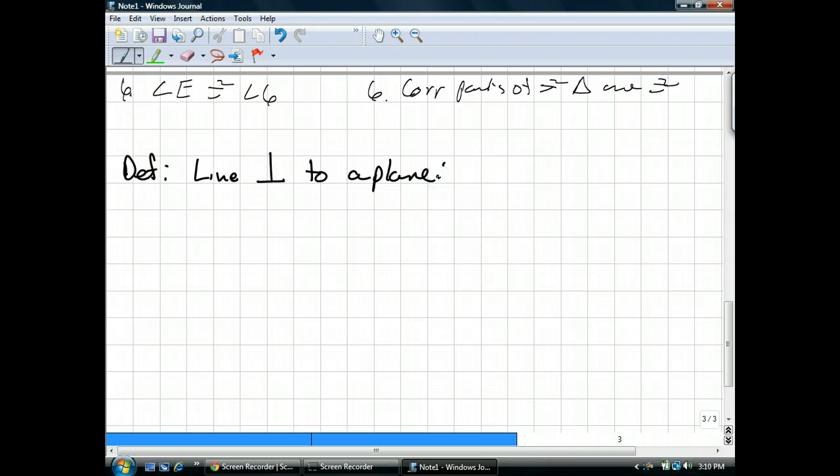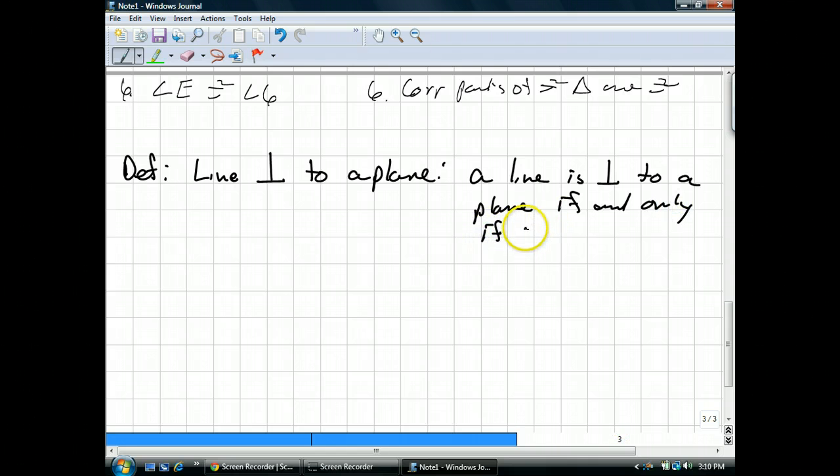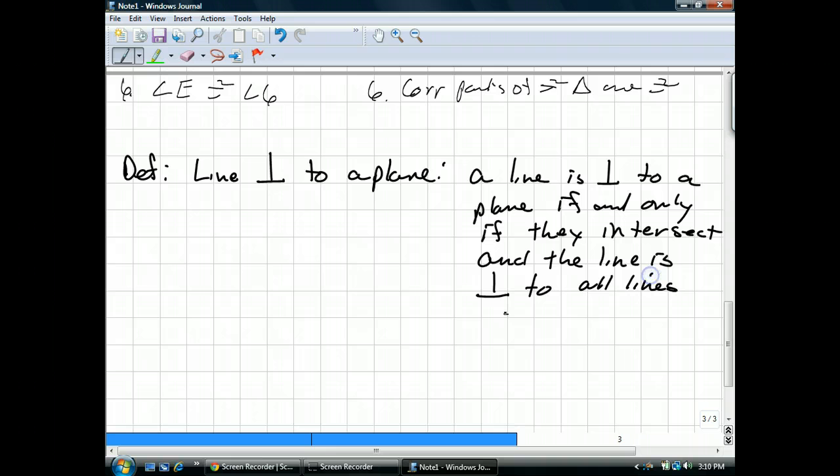We say that a line is perpendicular to a plane if and only if, first of all, they intersect, so they have to intersect, and second, the line is perpendicular to all lines in the plane through the point of intersection.